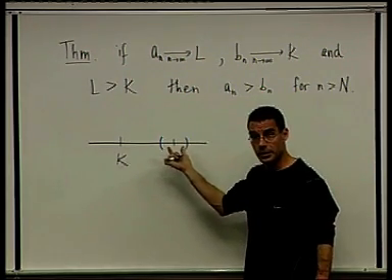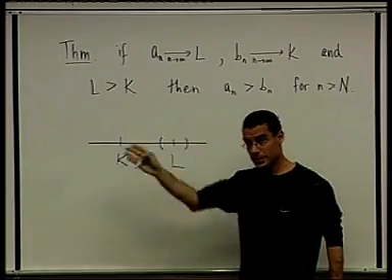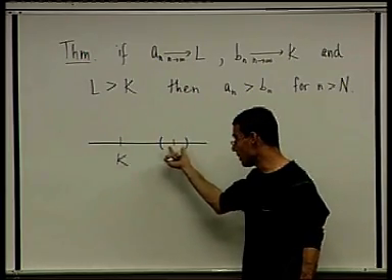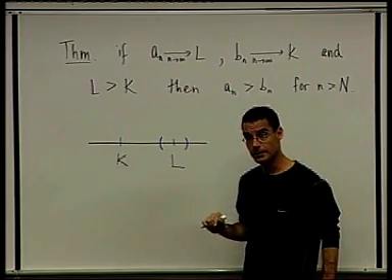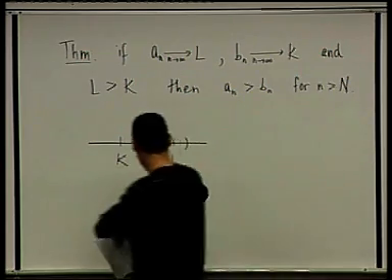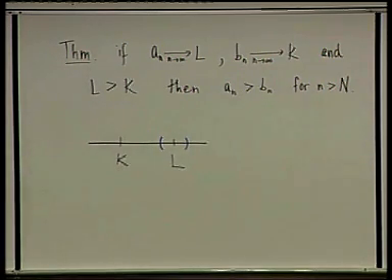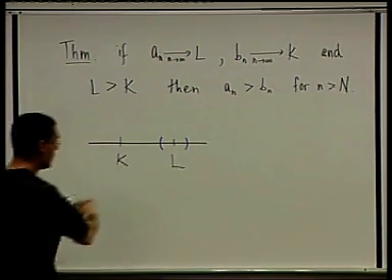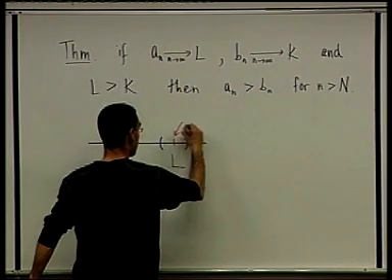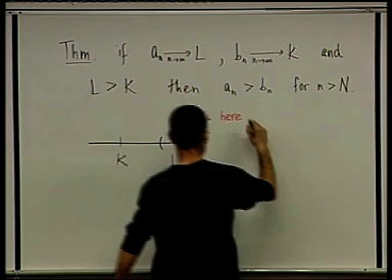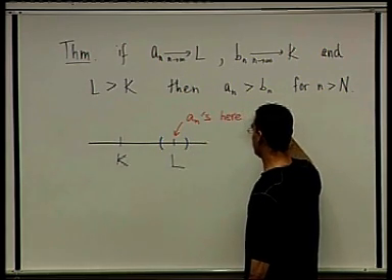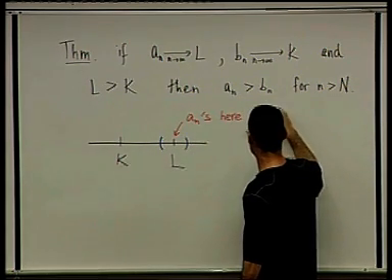Take epsilon. If you go far enough in the indices, all the elements, their distance from L is going to be less than epsilon. Do you agree? So from a certain point onwards, all the ans are going to be here, eventually.